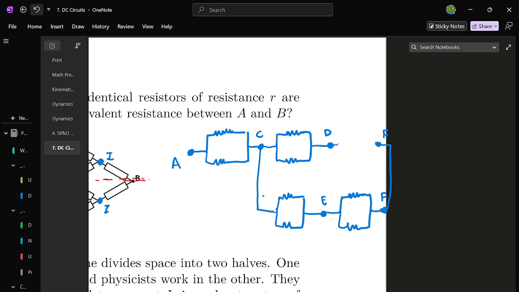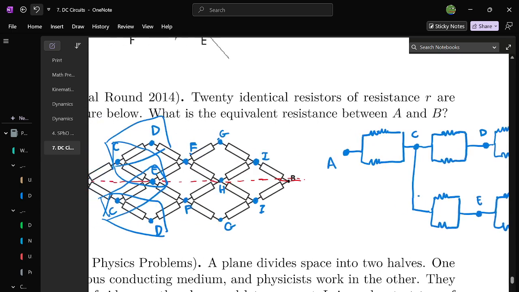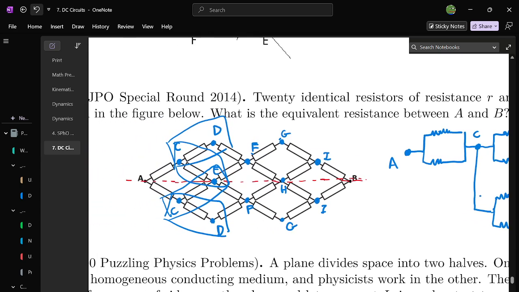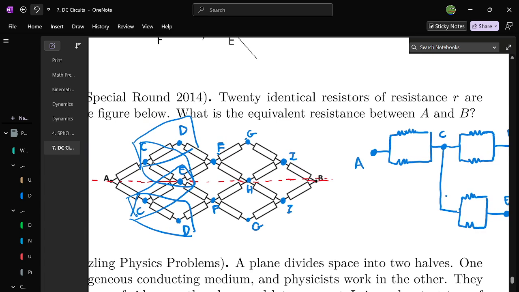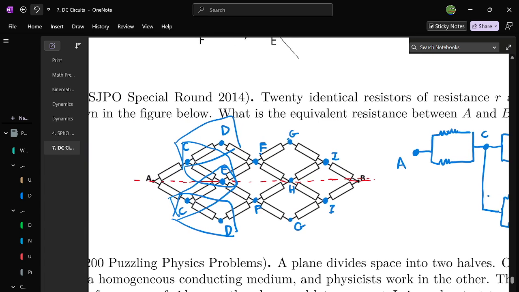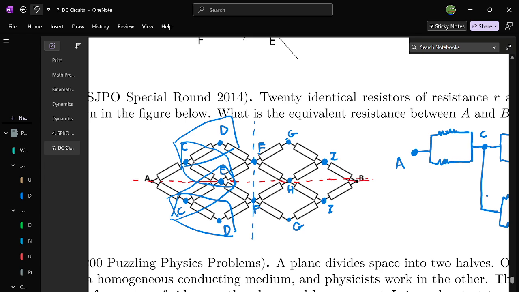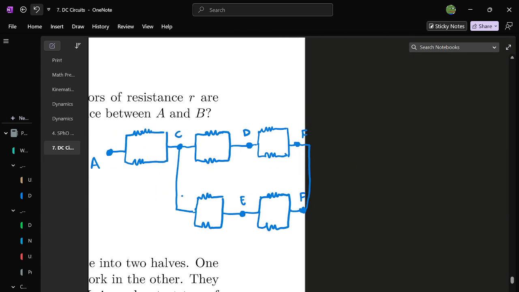So this is also F. Then we have D. So we have this so far, and this is already the center. Now at this point, you can see that this is the center, and there's also a symmetry axis this way. So we can just reflect this thing this way, and the rest of the circuit is basically this but reflected. I'll just draw it for completeness' sake.